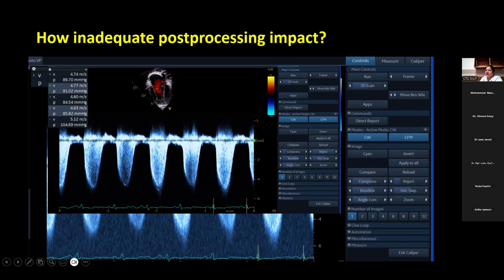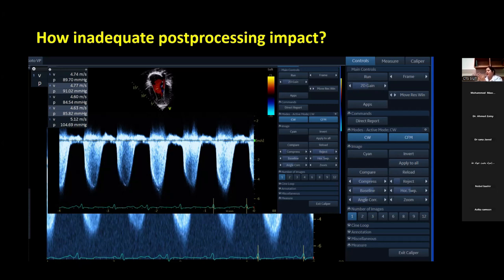So basically, here we can see, if we increase the reject, we are rejecting all the noise signals. And if we decrease the compress, then we are making it more clear. But decreasing the compress more will make it darker.